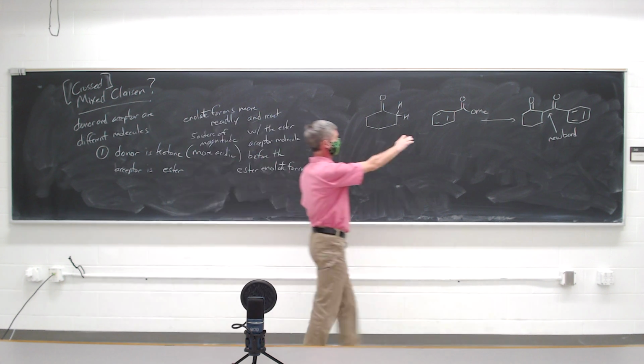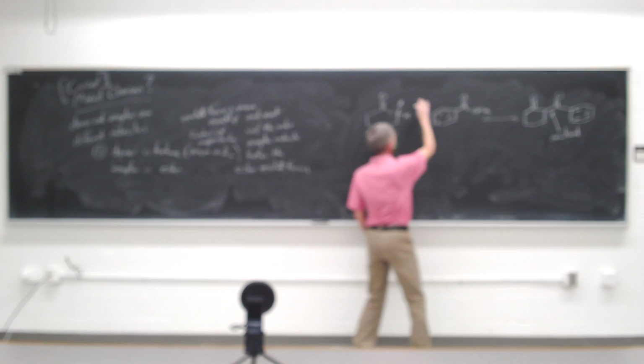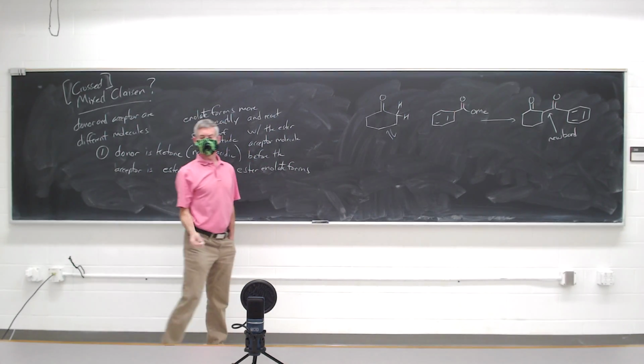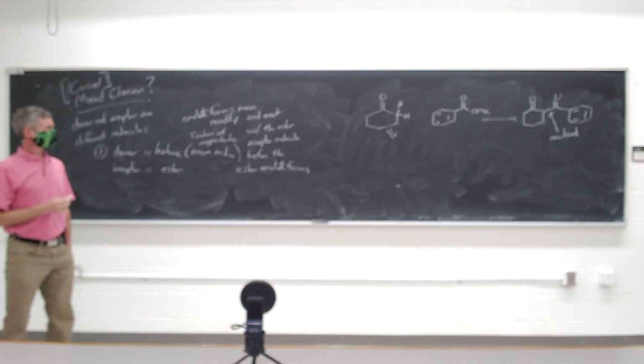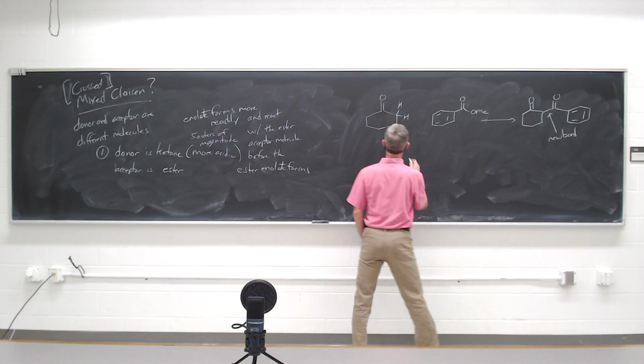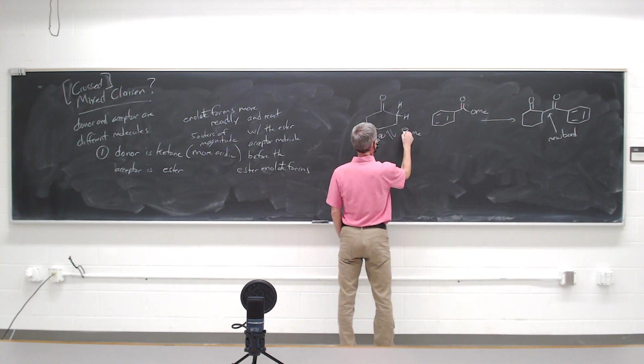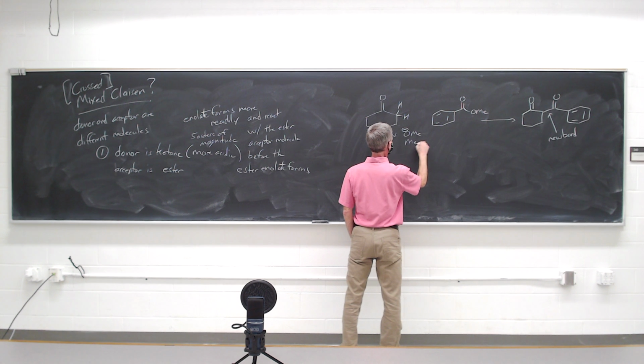Because this methoxide is going to get kicked out. Base, what base do we want to use for this reaction? Methoxide. Sodium methoxide, because you want to use the same one there. And the solvent, of course, is methanol.